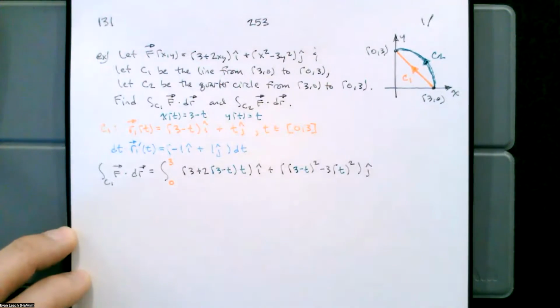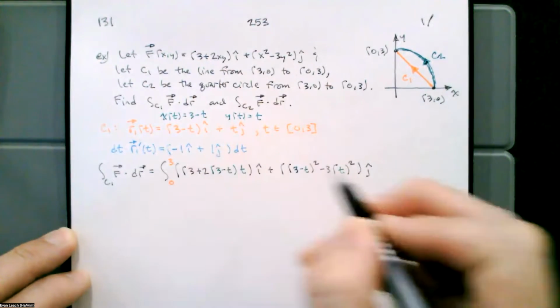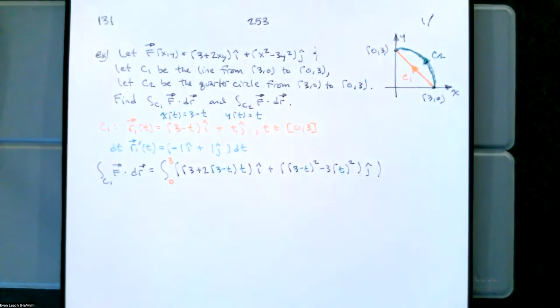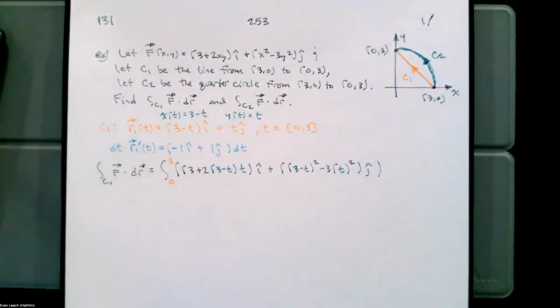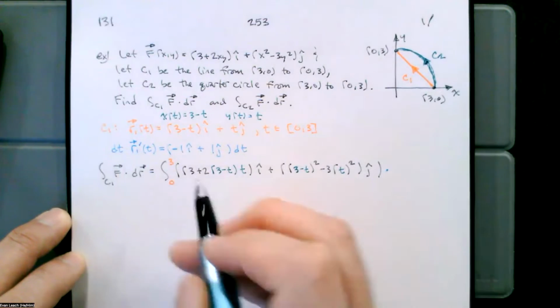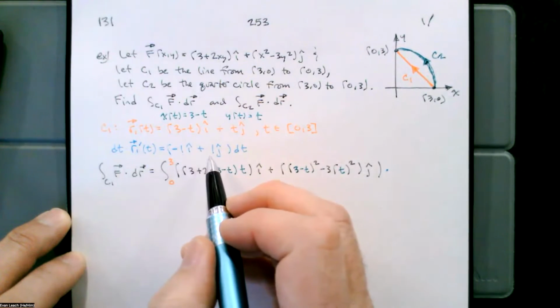So there's the vector field evaluated at all the points on that curve. Then we have the dot product with r prime of t dt. So dot -1 i plus 1 j.